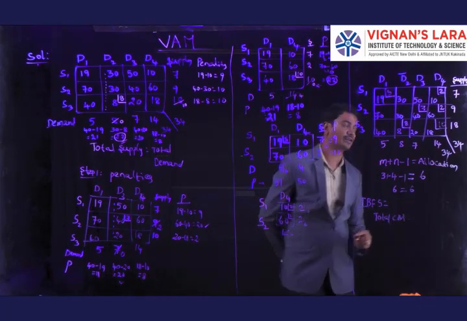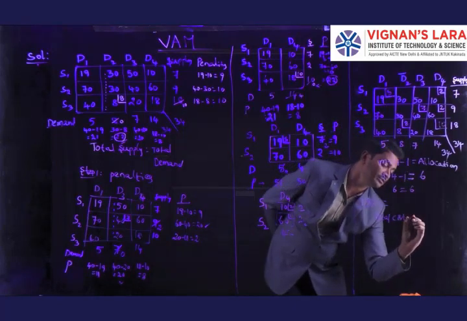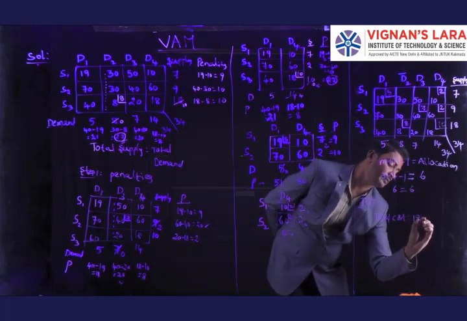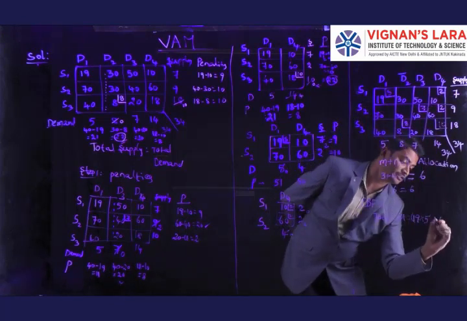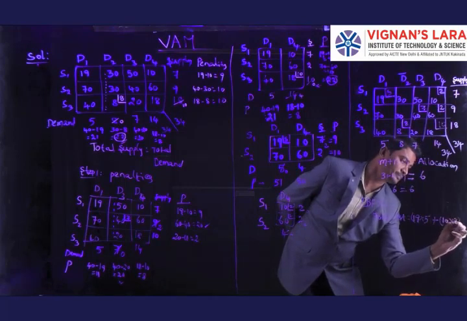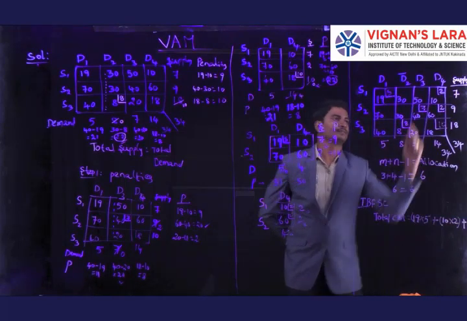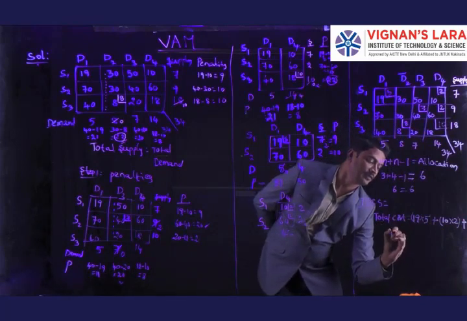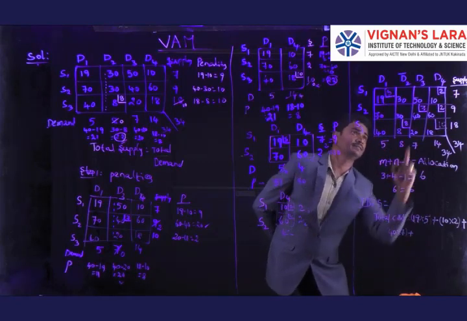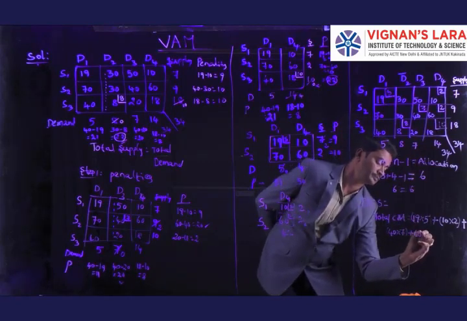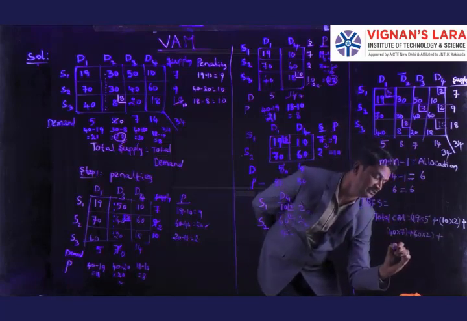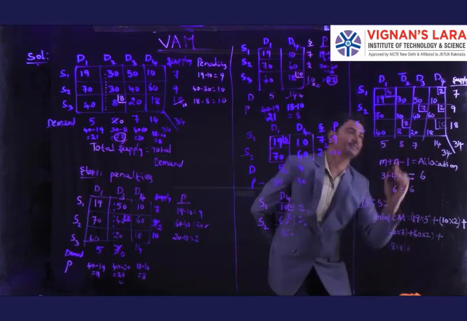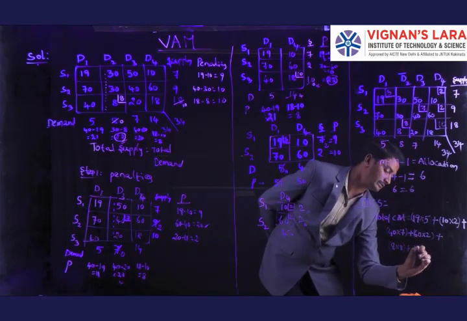Here we are calculating the total cost by taking 19 into 5, plus 10 into 2, plus 40 into 7, plus 60 into 2, plus 8 into 8, plus 18 into 10.